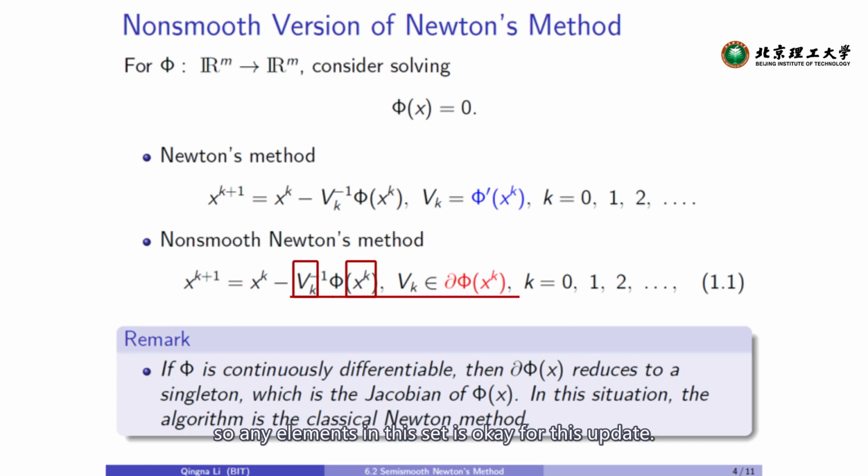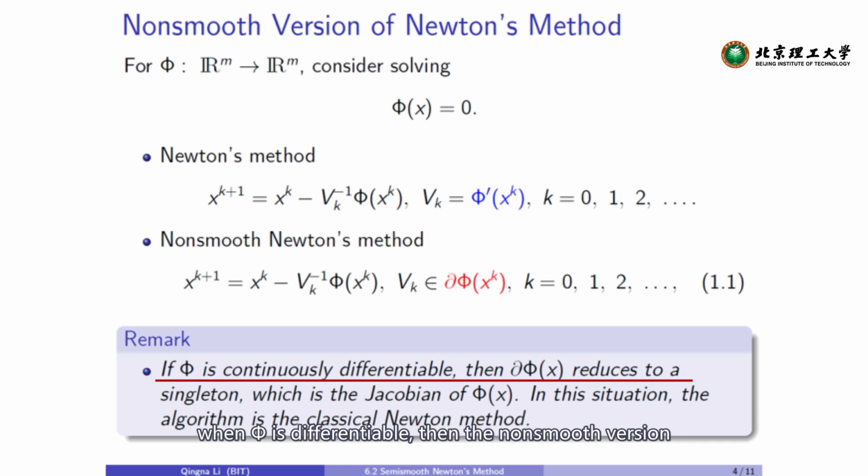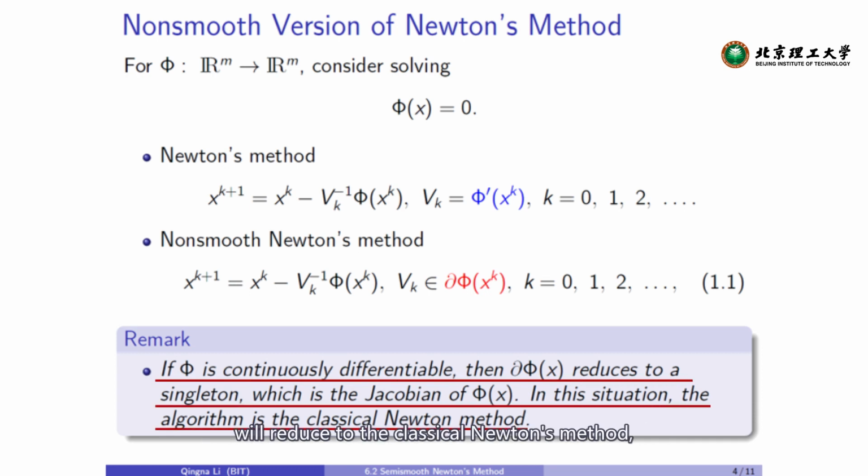Any element in this set is okay for this update, all right? So this is the definition of the non-smooth Newton's method. And the relation between the two is that when phi is differentiable, the non-smooth version reduces to the classical Newton's method. Otherwise, they are different.